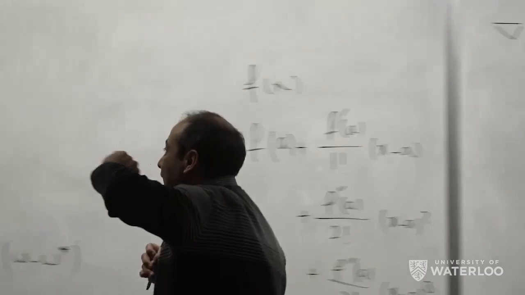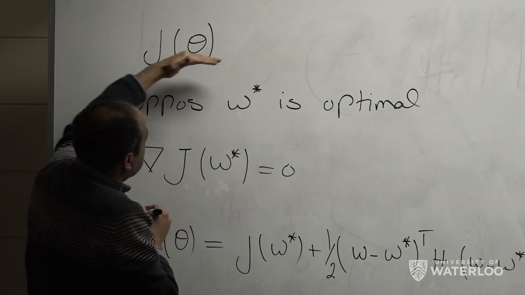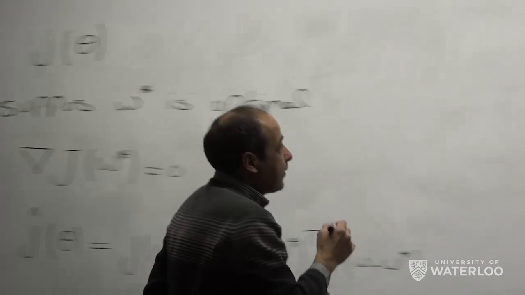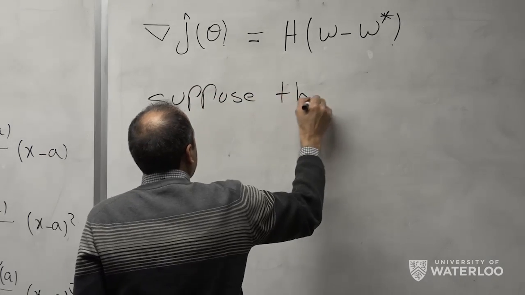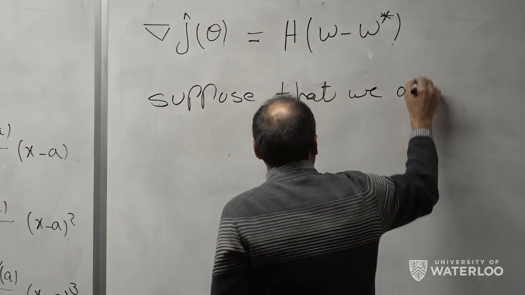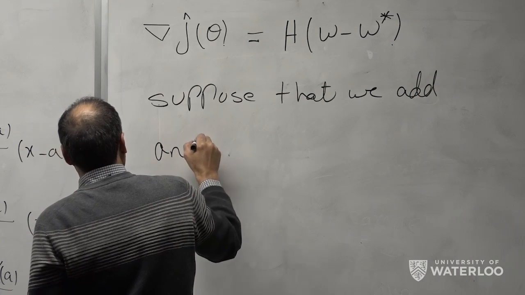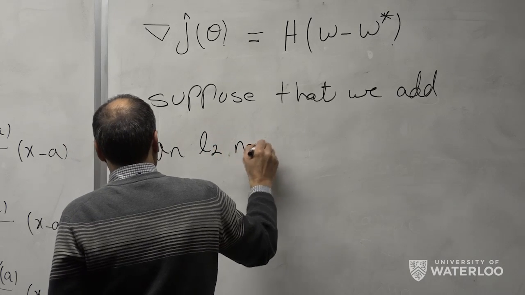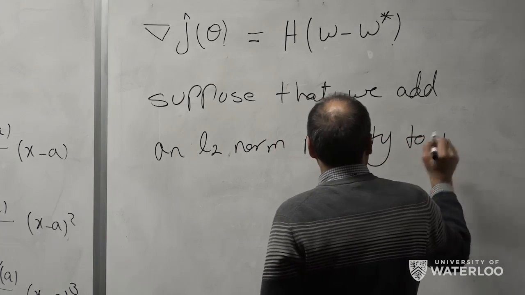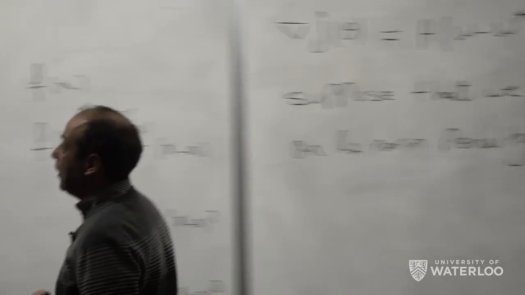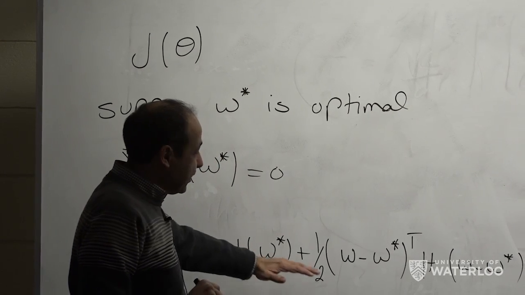But what if I add a penalty function to this? Suppose that I add an L2 norm penalty to this.